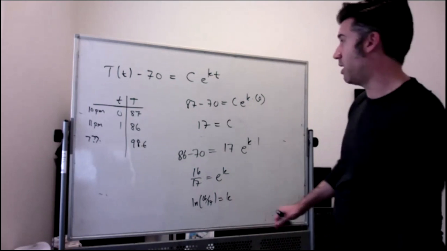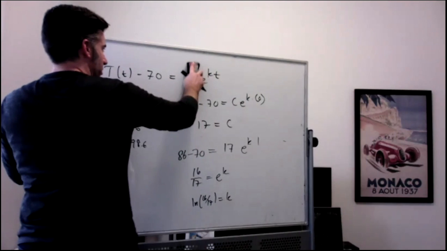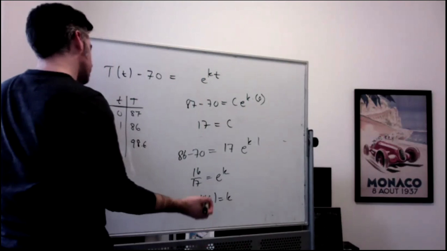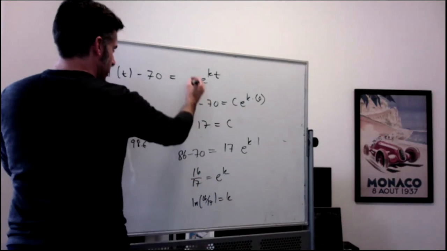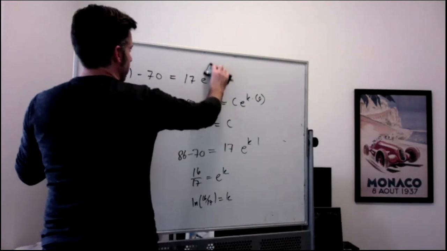So now I've got the model. The model is the temperature minus 70 degrees equals c, which is 17, e to the k, which is natural log of 16/17, times t.